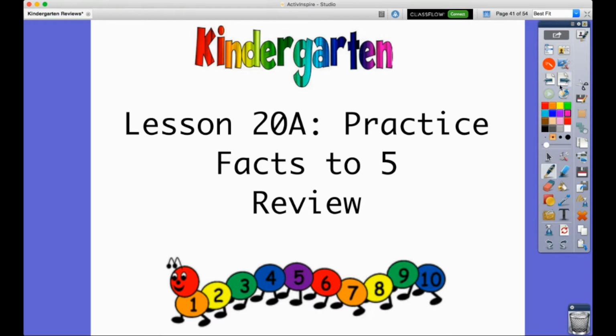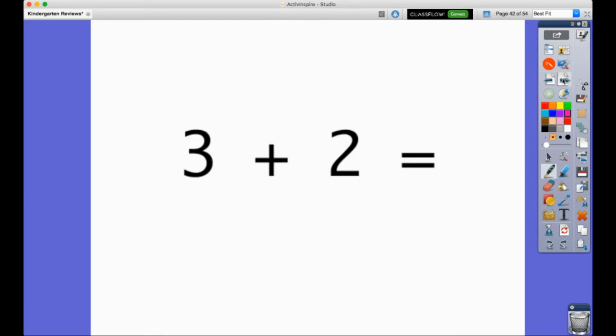All right, so let's look at our first fact. So my first fact is 3 plus 2. So remember, the plus sign means we are adding 3 plus 2. Now, I want you to try to do this on your own. And you've learned lots of strategies to be able to add numbers.